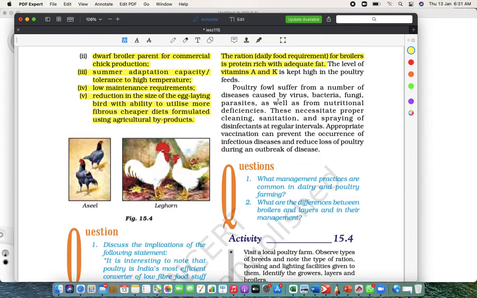Now poultry fowl suffer from a number of diseases. What diseases will they get? They get them by virus, fungi, parasites, and even nutritional deficiencies. So for that, cleaning, sanitization and spraying of disinfectant should be done at regular intervals. That is important. It should be done on a regular basis, not like today we have sprayed and then after 6 months again.